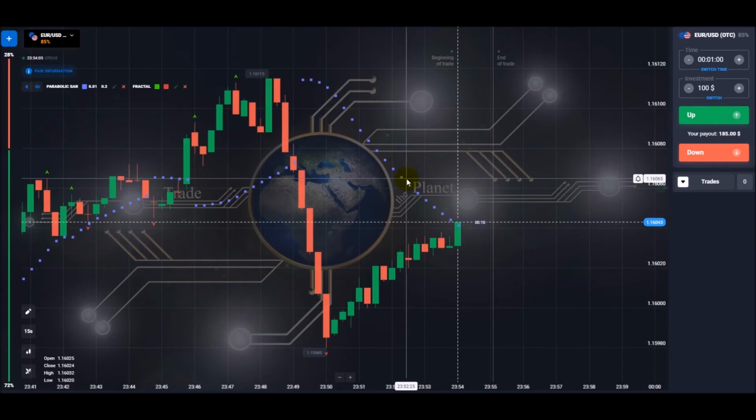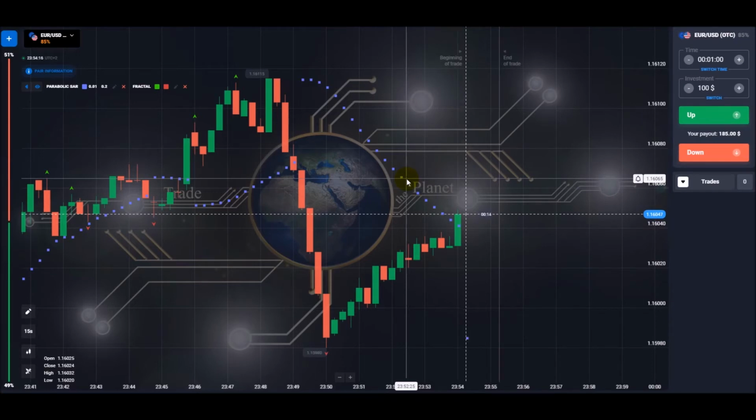Here it looks like you can put the next trade, but this is deceptive. I'll show you why in a moment. Before I show you why this is not a good signal for a trade, I would like to wait for 1 or 2 candles in the chart to see if there is not another good signal for a trade.